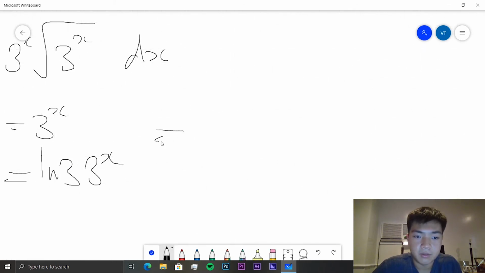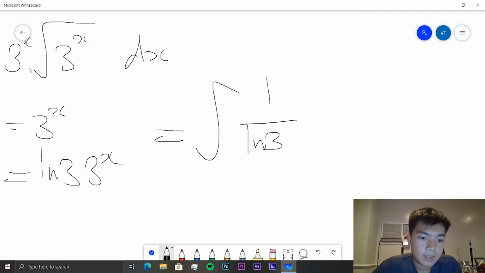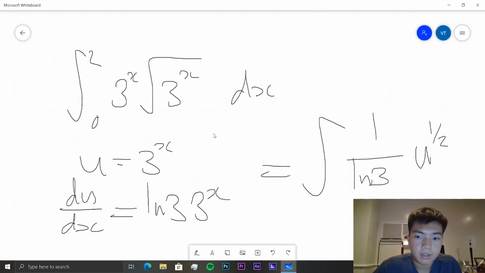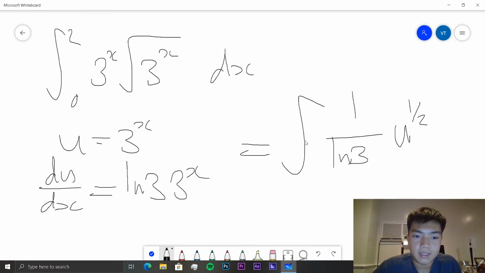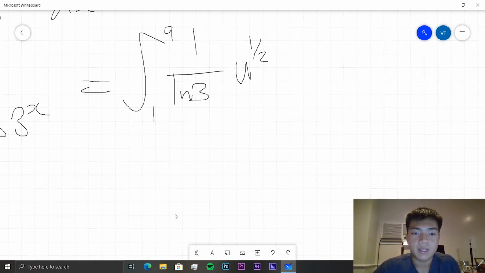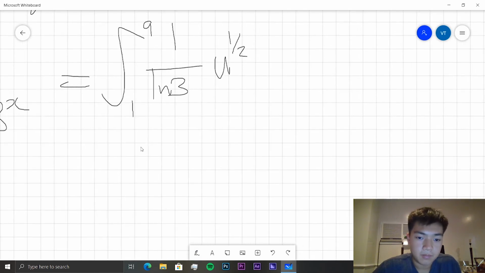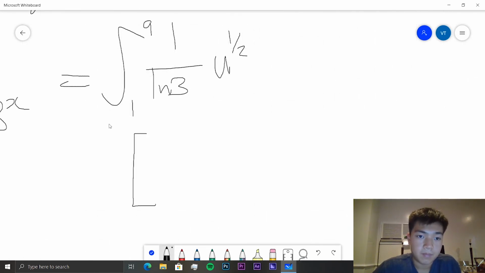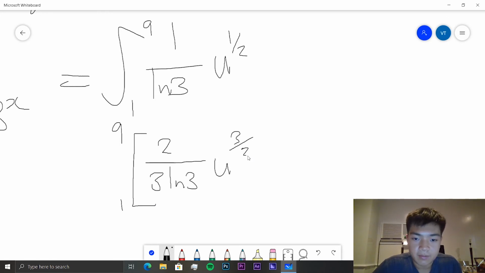So this will be equal to the integral of 1 over ln 3 times u to the 1/2. So the limit is between 2 and 0, so 3 to the squared is 9, and 3 to the 0 is 1, so we need to get those limits. And so this will be equal to the limit between 9 and 1 of 2 over 3 ln 3 u to the 3/2.